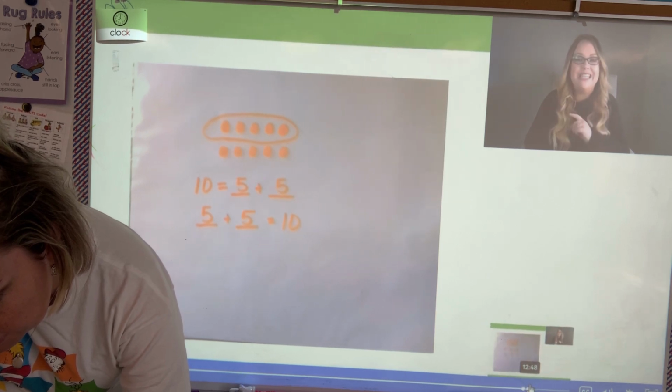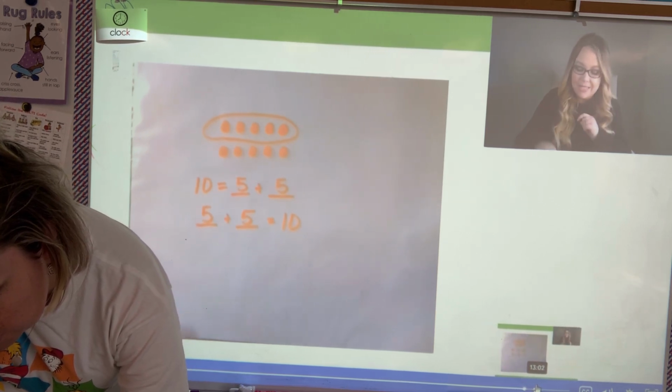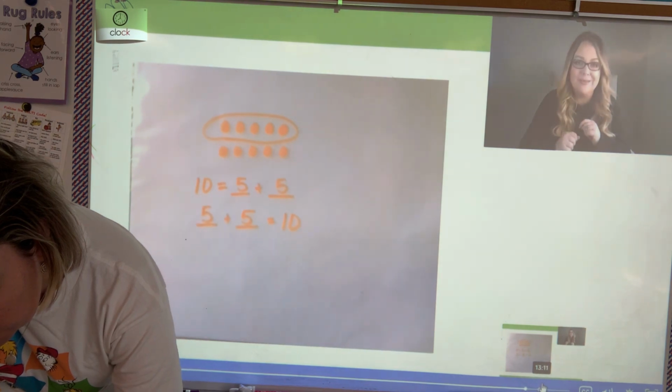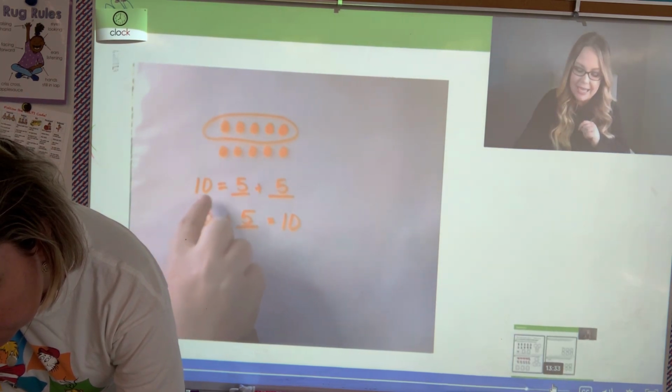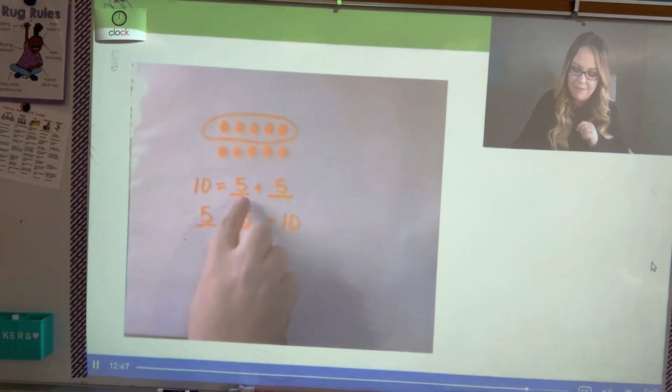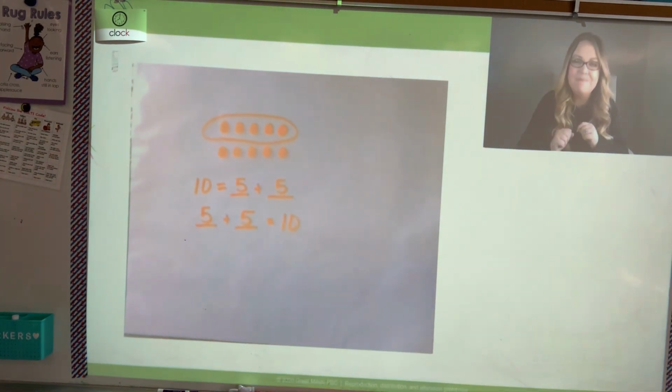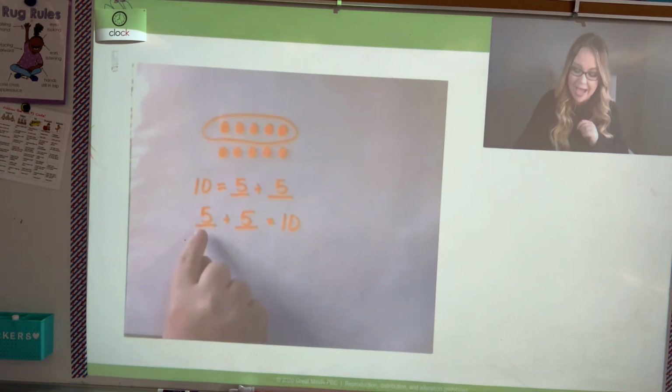Now let's read these number sentences together. Let's read this first one first. 10 equals 5 plus 5. Now let's read the bottom one. 5 plus 5 equals 10.